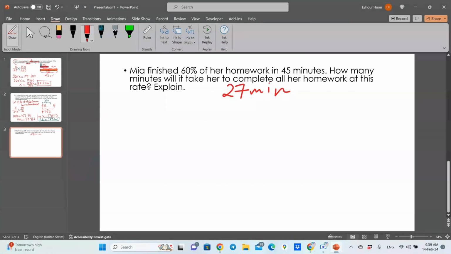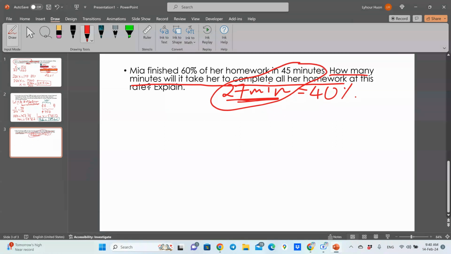Am I wrong? So the question asks how many minutes will it take her to complete the rest of her homework, right? Yeah, the rest of the homework. So if this 27 is for the remaining 40%, it should include the first part as well.